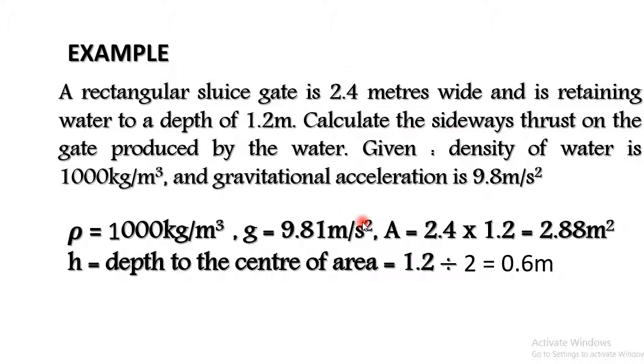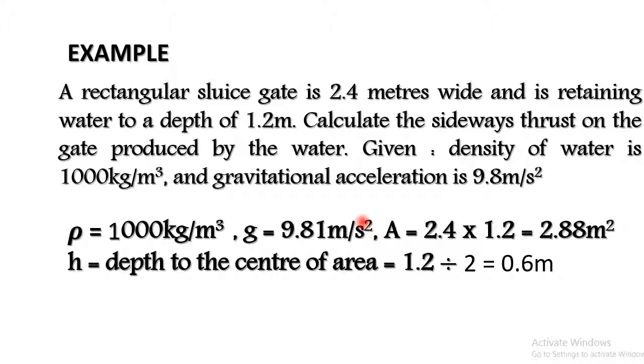The sluice gate is a gate that controls the flow of water. You can close the flow of water in a canal or in an irrigation scheme. You can close or open it, or divert the water to a certain area by either closing the gate or opening it. That is the sluice gate.